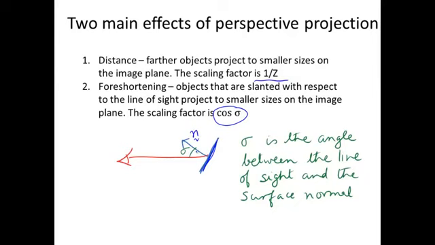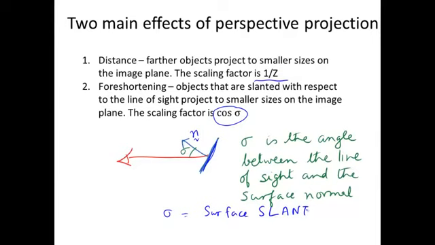If a surface is directly in front of us, sigma will be 0. If the surface is completely edge on, then sigma will be 90 degrees. So sigma is the angle between the line of sight and the surface normal, and sometimes we call sigma the surface slant. Essentially this is going to cause a further diminution in size by a factor of cosine sigma.